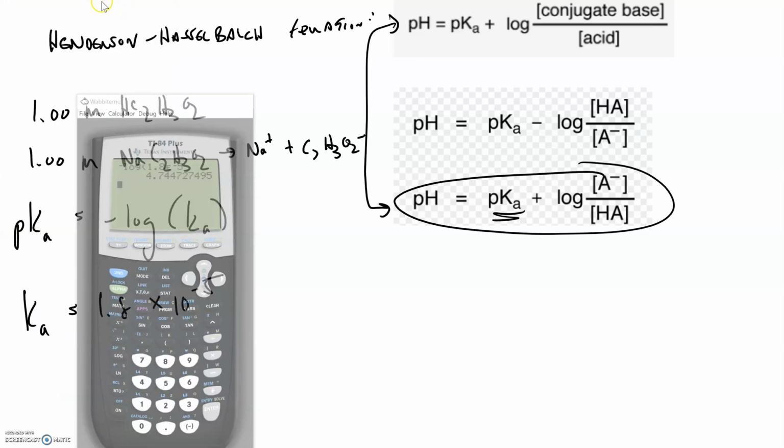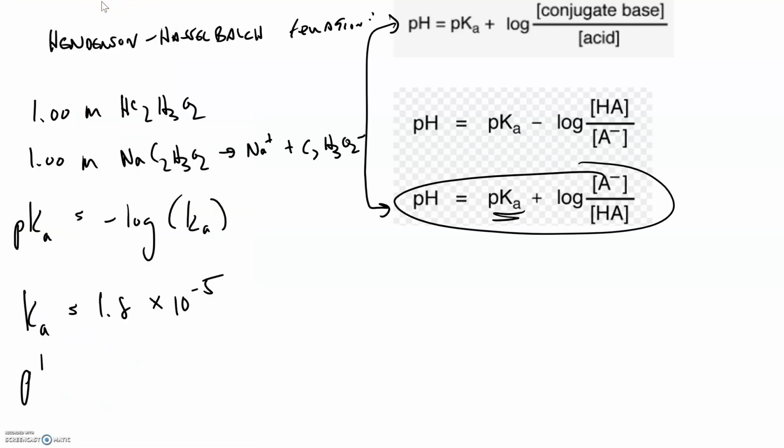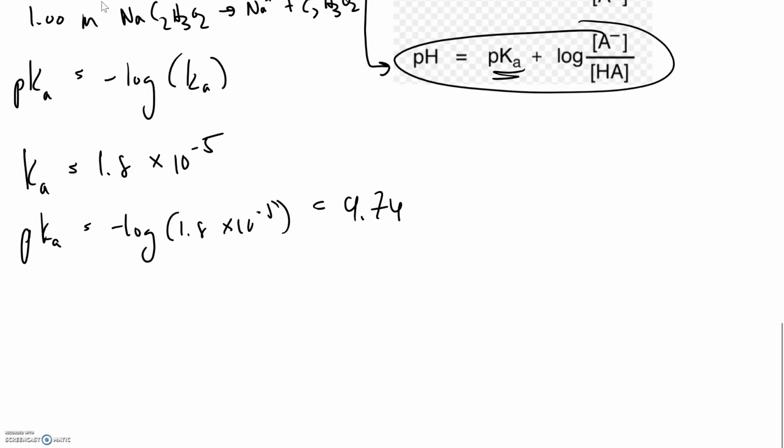I wonder if that's a hint of what's going to come. So our pKa is negative log of 1.8 times 10 to the negative fifth. And so let's plug this pKa into the equation with our concentration of acid and base. pH is going to be equal to pKa.